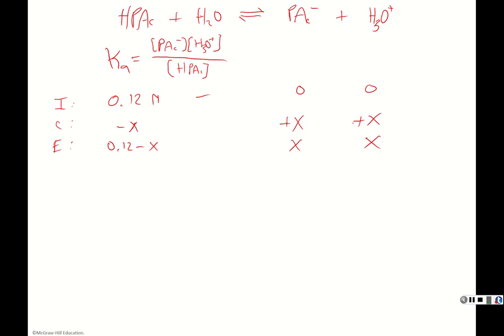What we would typically do, if we're doing a chemical equilibrium, is say our expression for Ka would be X times X over 0.12 minus X. And then we'd have to solve the math from there, which would be a little bit challenging because we don't know the Ka value.